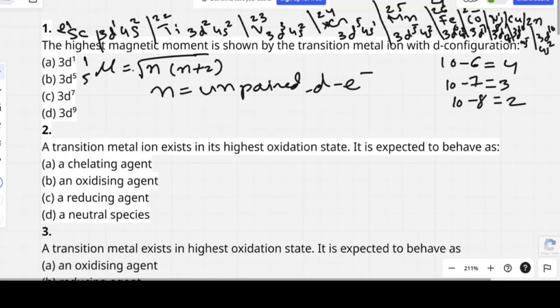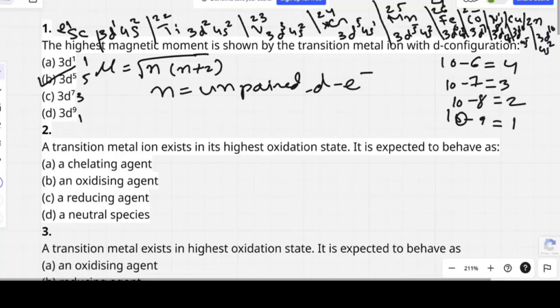For d7, 10 minus 7, the number of unpaired electrons is 3. For d9 system, 10 minus 9, you have only one unpaired electron. So the highest magnetic moment depends on the number of unpaired electrons. The highest is n equal to 5. The option is B.